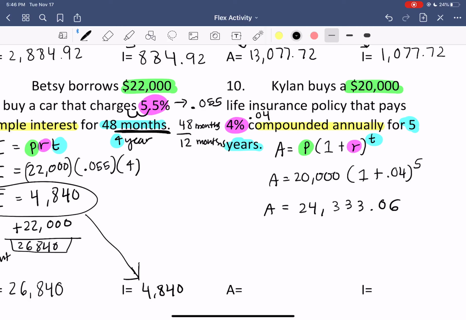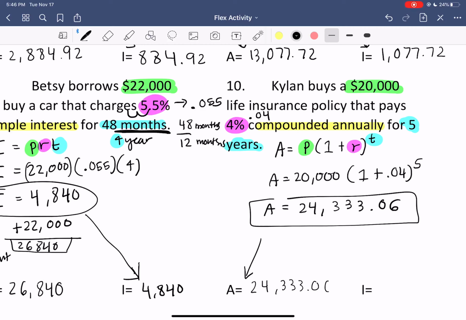And this amount here is what we're going to put here. So that's the total amount that the life insurance policy will be after 5 years. But that's not the amount of interest that he gained. He didn't gain $24,000 in interest.